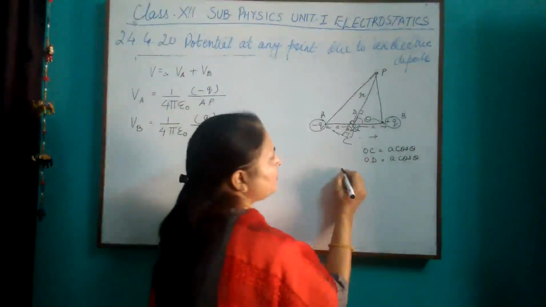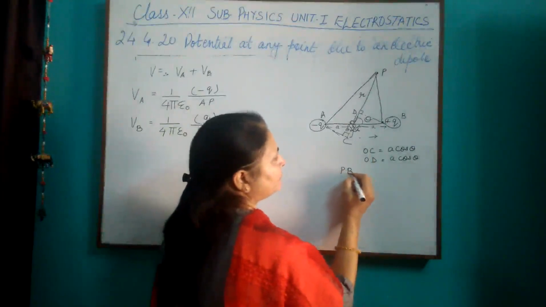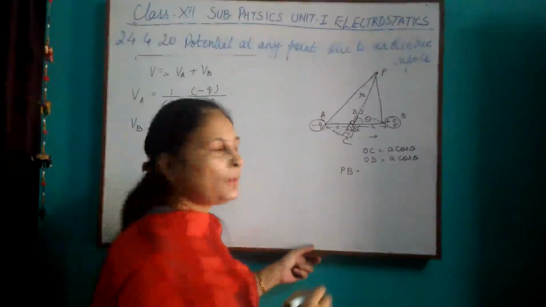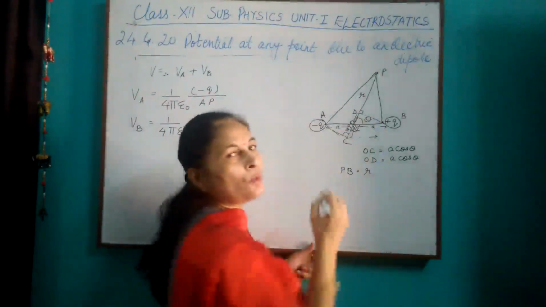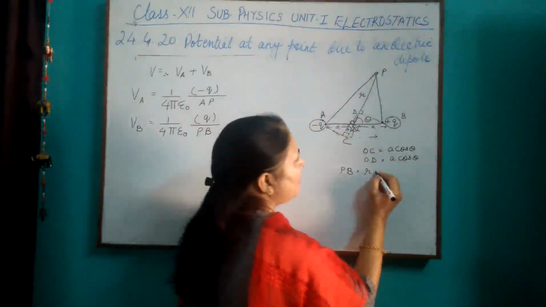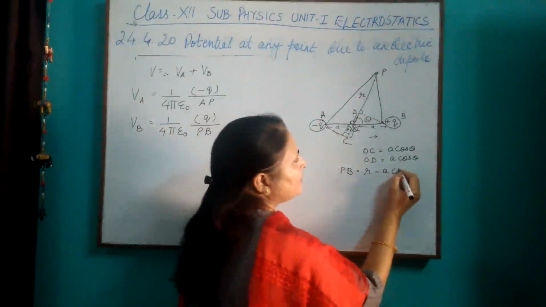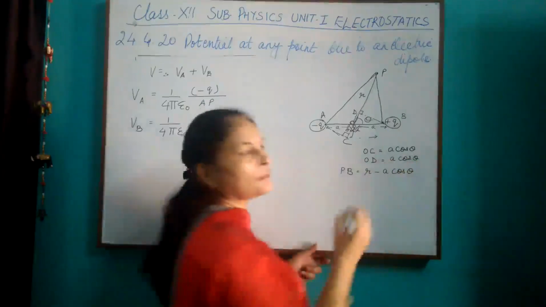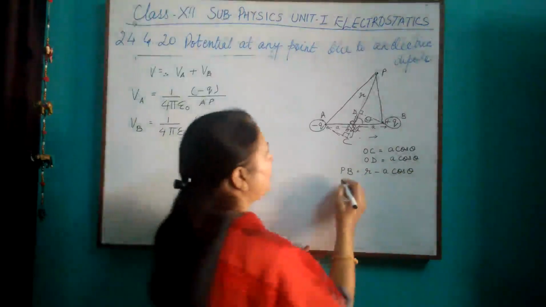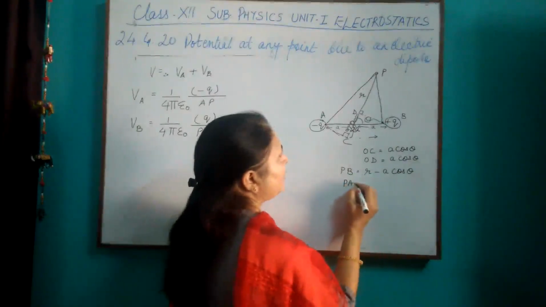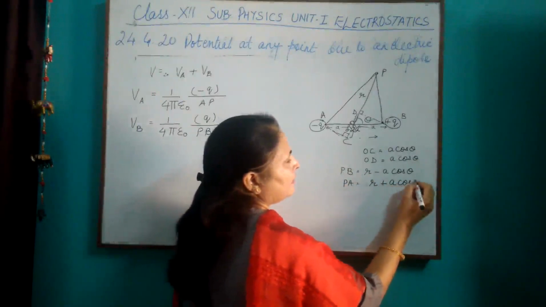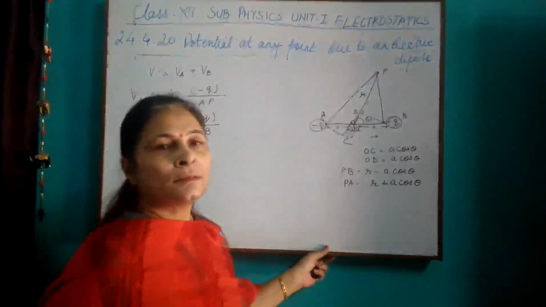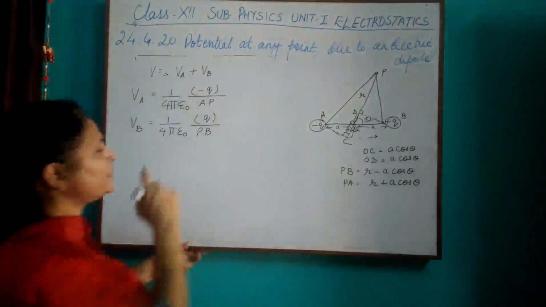Using this expression, what will be PB now? PB will be R minus OD, R minus A cos theta, and PA will be R plus A cos theta. Now we'll substitute it here.